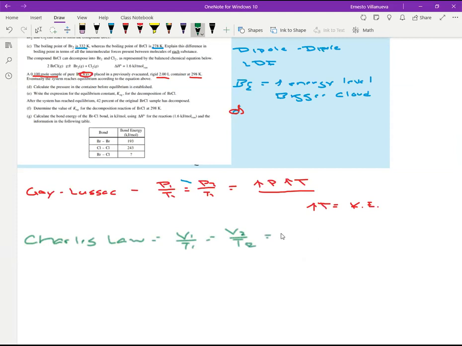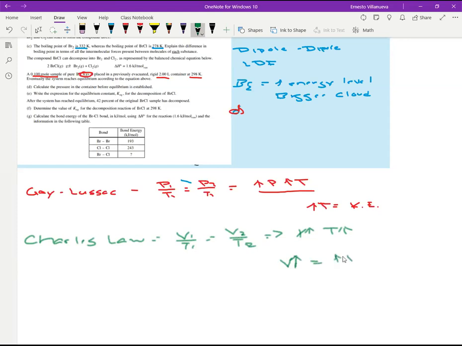And here we see that volume and temperature have also a direct relationship. As volume increases, okay, we see an increase in temperature.